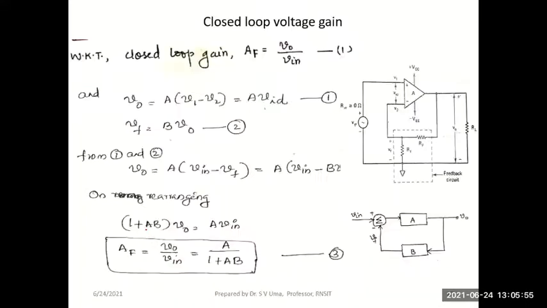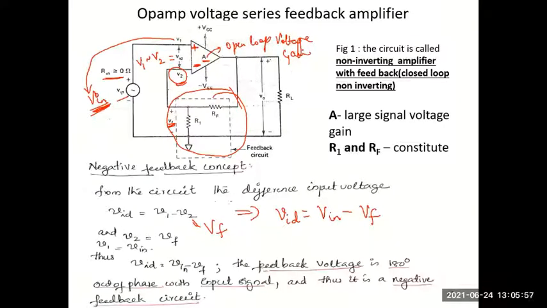Therefore, the input differential signal is Vin minus VF and the feedback voltage is 180 degrees out of phase. Therefore, it is a negative feedback circuit. Whenever you give the feedback signal 180 degrees out of phase with respect to the input, it is negative feedback.